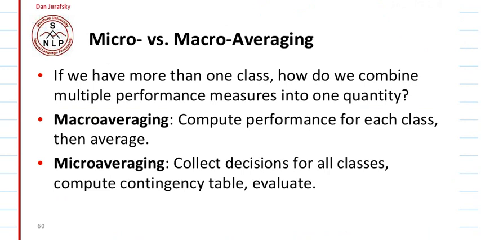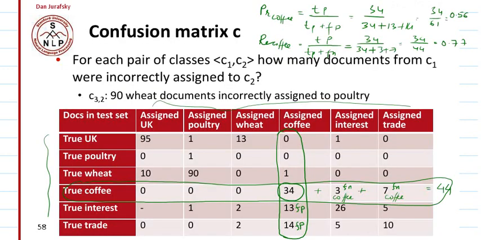But if we collect all the decisions of the classes, that means I am collecting all the true positives of all the classes and adding them. So these 95, 1, 0, 34, 26 and 10 are the true positives for all the classes. I add them all together.